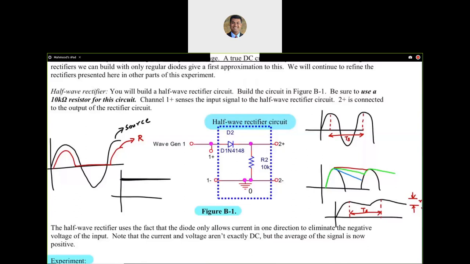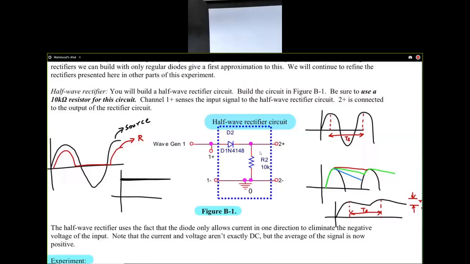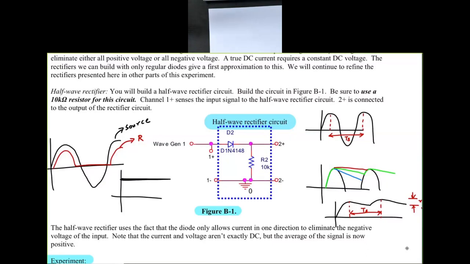So what I can do here is switch on my video, and let's take a look at the components that I will need for this. I will need a resistor, a diode, and a few more items.